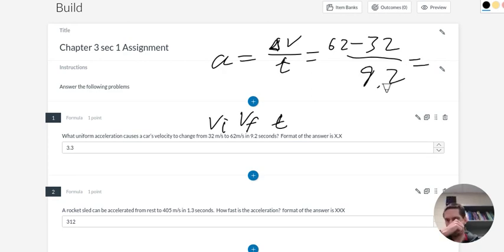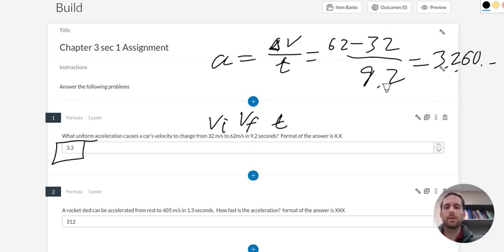And that should give, if I do the math, 30 divided by 9.2, or 3.260, whatever. And then we round this to this decimal. It looks like x point x, so that's 3.3.